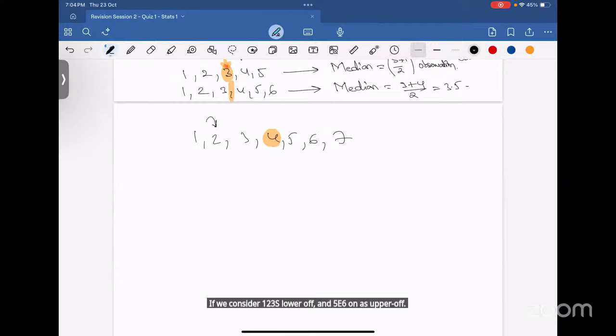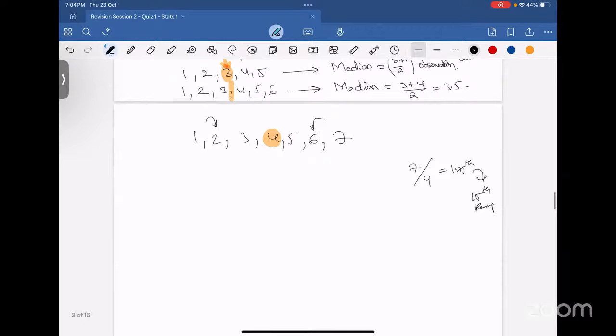I don't know whether it is correct or not. No, that is correct, right? So 7 by 4 is 1.75, the 1.75th observation is the 25th percentile. And 7 into 3 by 4 is 21 by 4, which is almost 6.